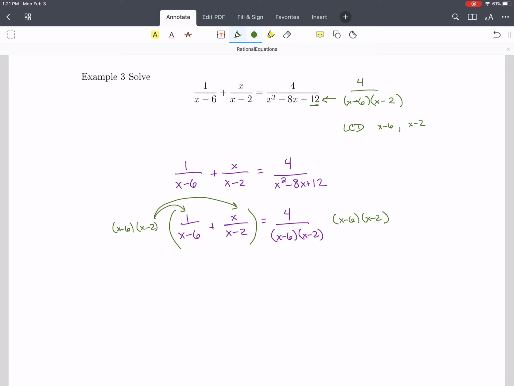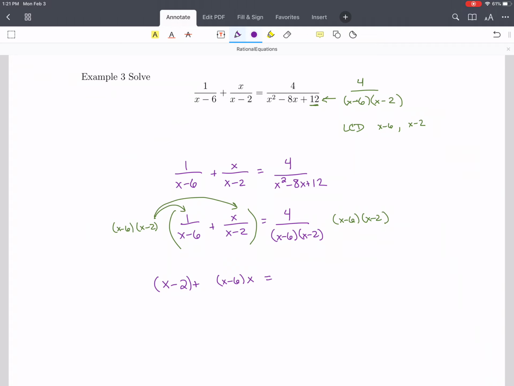So when I distribute on the left side, my x minus 6 cancels, and I'm just left with the x minus 2. When I distribute to the second term, my x minus 2's cancel, and I'm just left with x minus 6 times x.